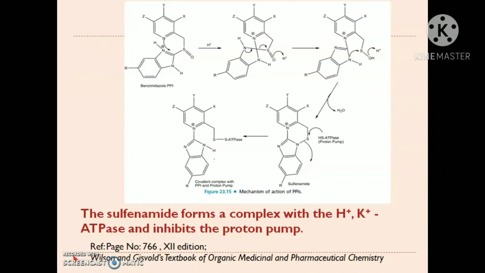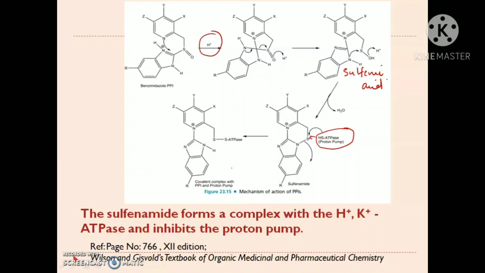So what you see on the screen is the representation of the mechanism of action of proton pump inhibitors. Proton pump inhibitors are benzimidazole derivatives, and so these benzimidazole derivatives in acid medium, in presence of acids H plus, undergo a proton catalyzed reaction to form a sulfenic acid.